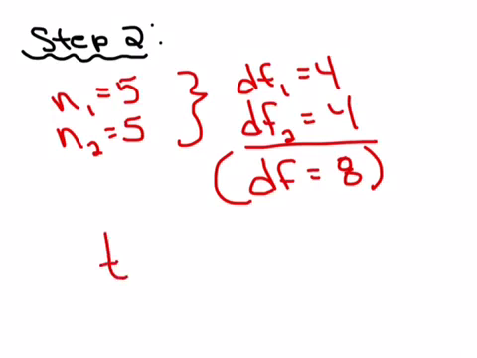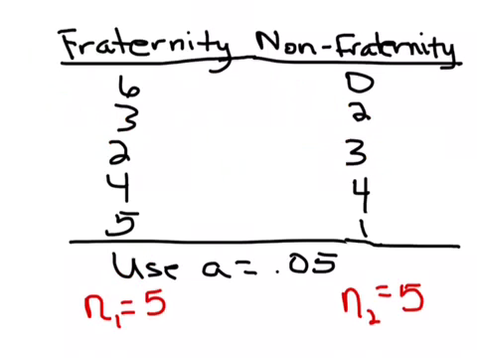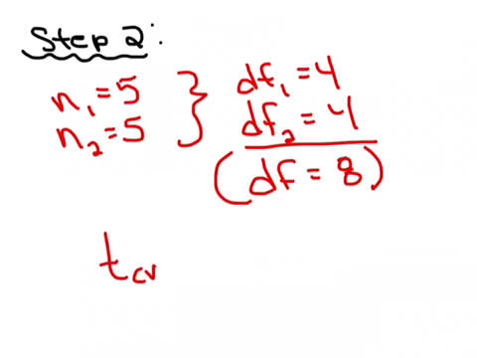So that's what we're going to use to find our critical value. If you remember, we're going to use alpha 0.05. Be sure that when you look in your t-distribution table at the back of your textbook, you're looking in the column for 0.05 in one tail, and you look up degrees of freedom of 8.